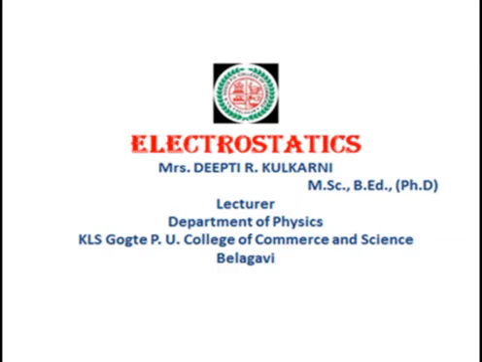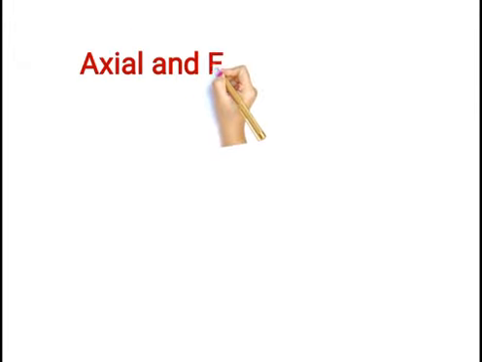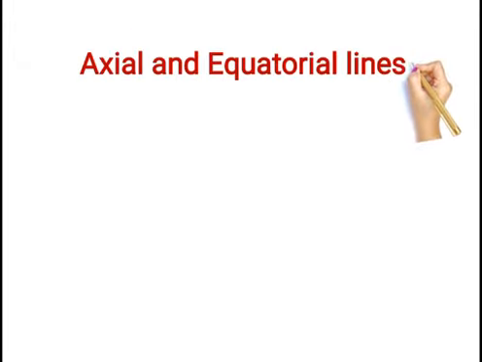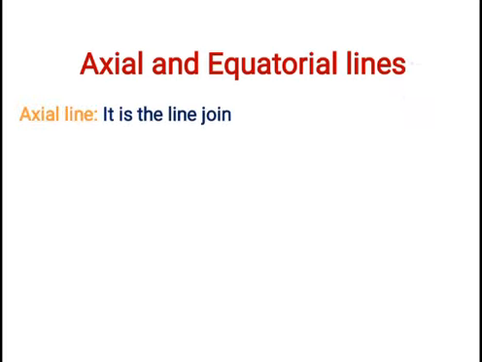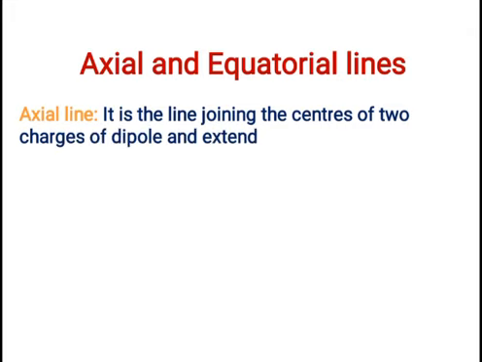In continuation with my earlier video, electric charges and fields, I am going to discuss the concept of axial line and equatorial line. So let us begin with axial line and equatorial line. Axial line. It is the line joining the centers of two charges of a dipole and extended on either side.